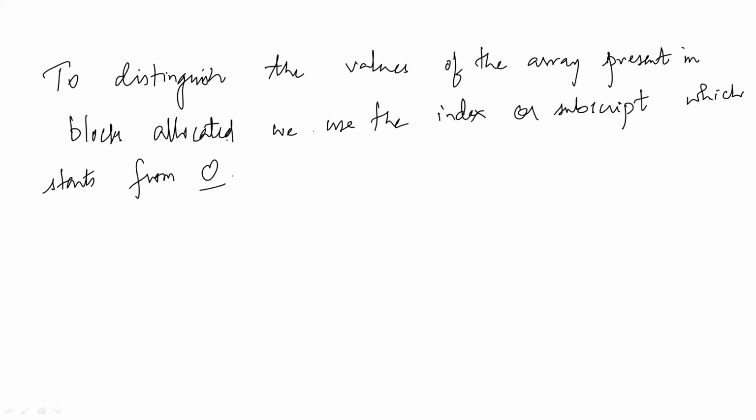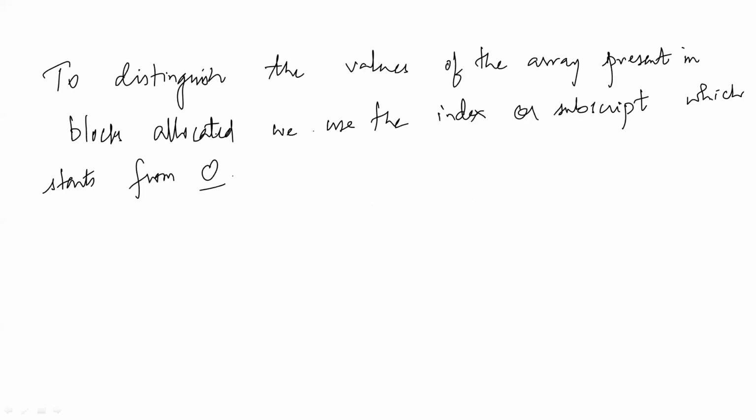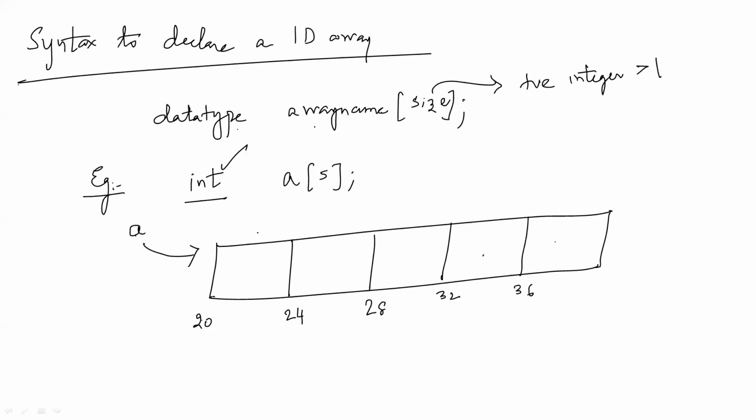Now, because every block of memory is having the same name, how should I distinguish them? We are distinguishing them with the help of index or subscript. And that index starts from 0, then 1, then 2, then 3, then 4.